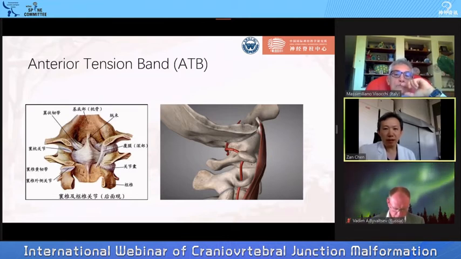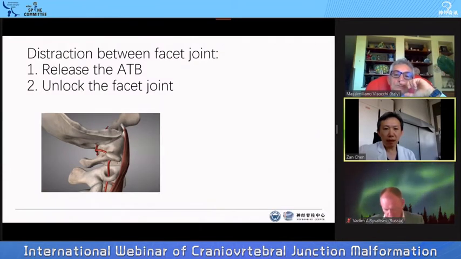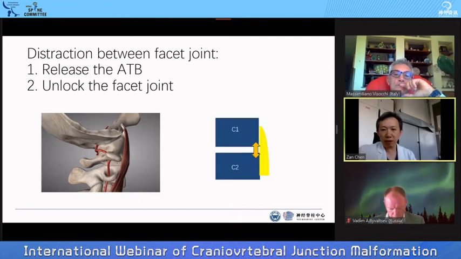Releasing this anterior tendon band, we can get a more satisfactory reduction, and also we can unlock the facet joint when we distract between the facet joints.